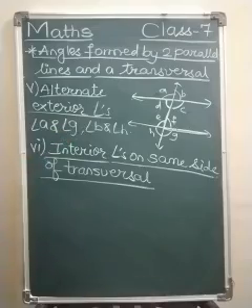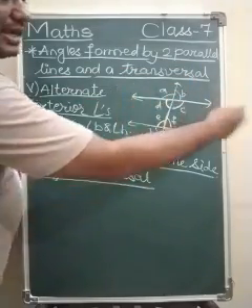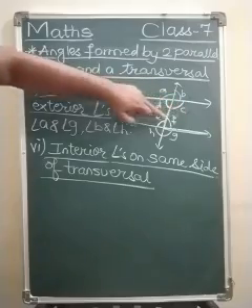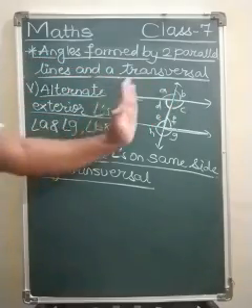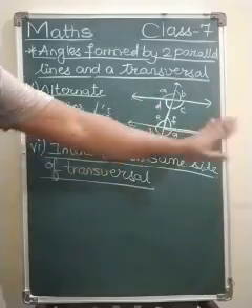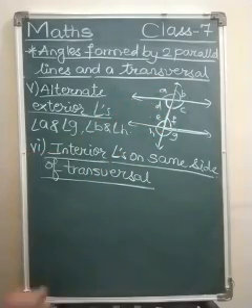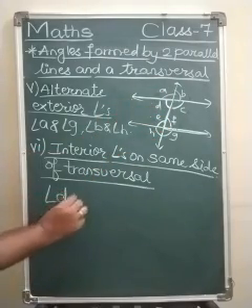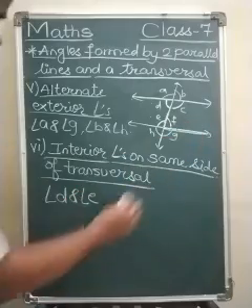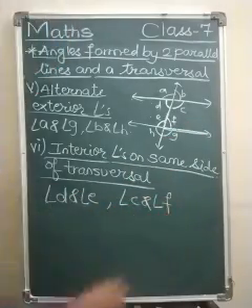What does this mean? This is the transversal, this is the left hand side, this is the right hand side. Interior angles means D, C, E, F, but on the same side of the transversal. On the left hand side there are two angles, angle D and angle E. And on the right hand side, angle C and angle F.